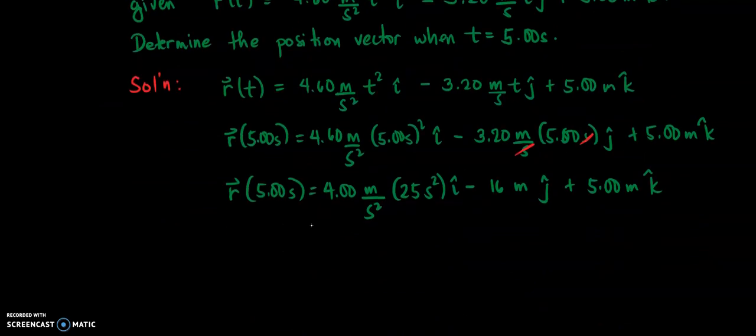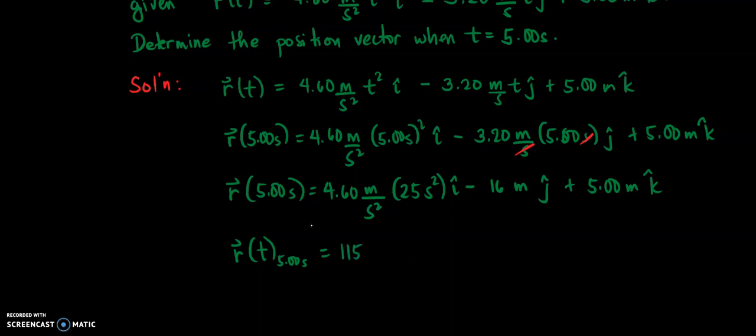Then the position vector when time is 5 seconds is equal to, I'm sorry, the 4.00 must be 4.60. Then 4.60 multiplied by 25 is 115.